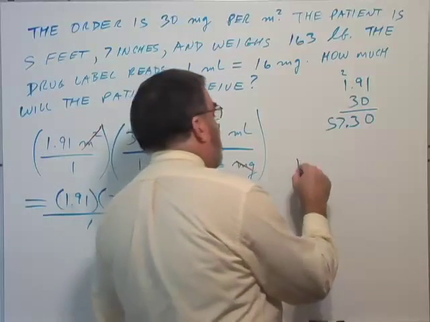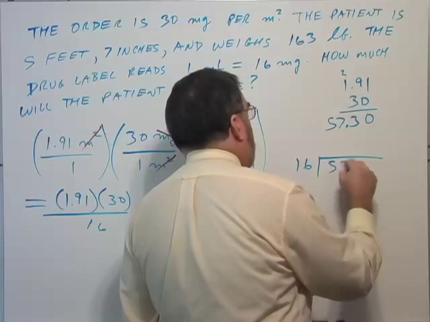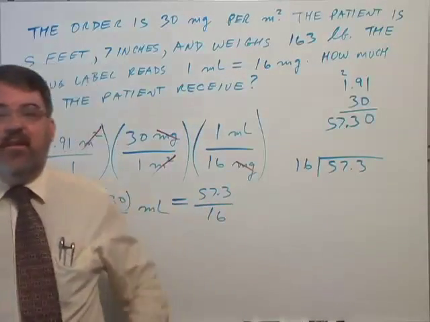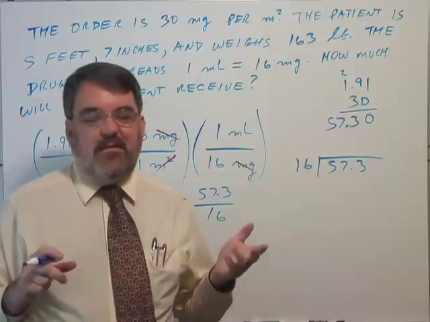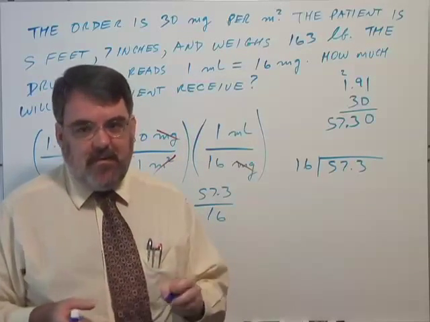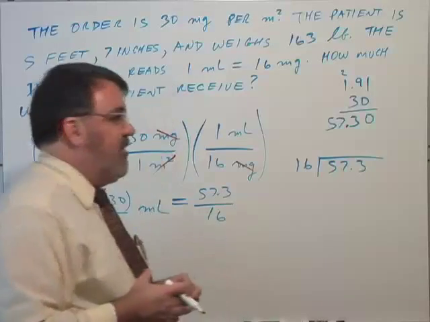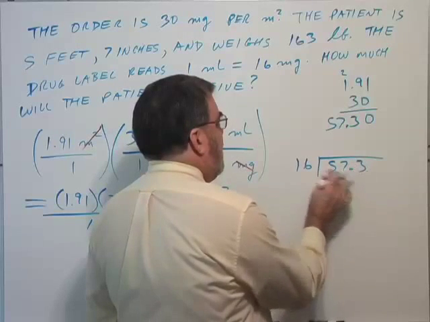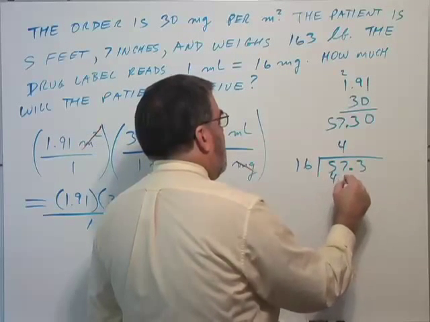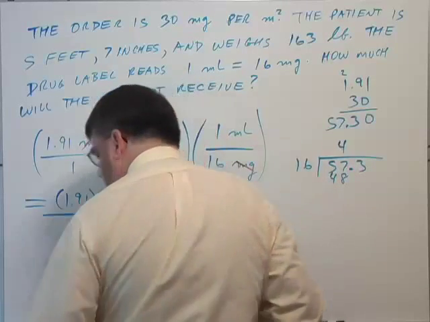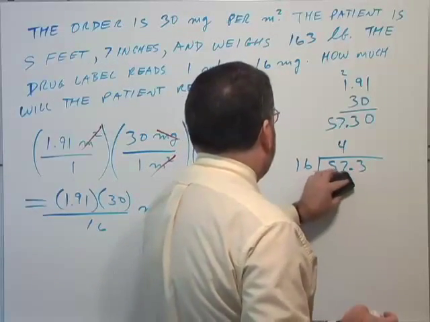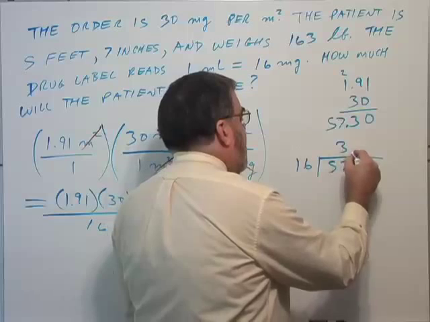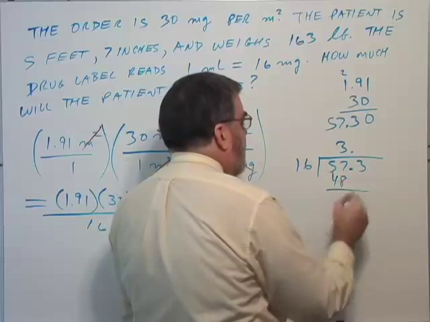So let's divide 16 into that number. And how many decimal points do I want to go? Well, milliliters will probably measure as either a whole number or 1/10 accuracy of a milliliter. In other words, 1 decimal place. So I'm going to go 2 decimal places here. Let's see, 16 goes into 57 4 times. It's 48. No, that's not right. 3 times. Sorry. Because 3 times 16 is 48. So I have a 3 here. 48.